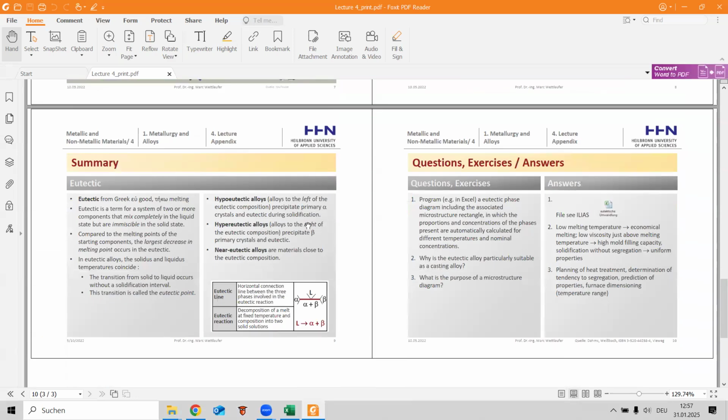Eutectic is from Greek, meaning good melting. Eutectic is a term for a system of two or more components that mix completely in the liquid state but are immiscible in the solid state.